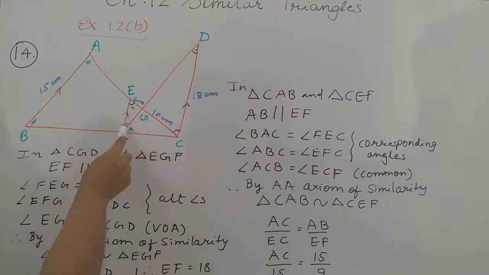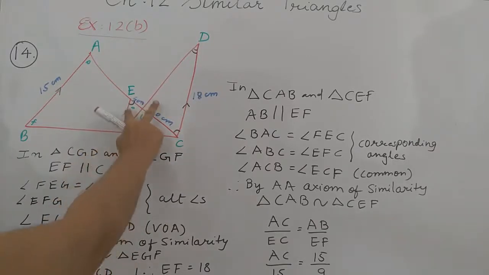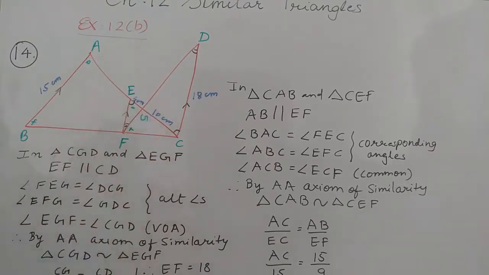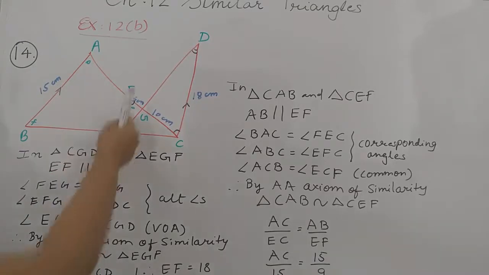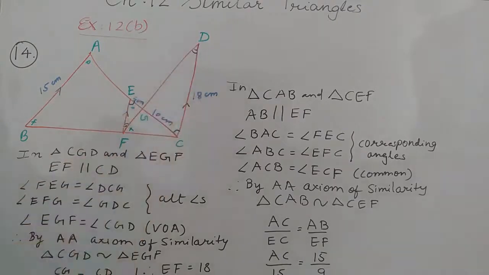EGF means the very small triangle in between. So these two triangles I have to prove similar first. Then only using the definition of similarity I will find the value of EF. So for that I started my solution with EF parallel to CD, which is already given in the question. EF parallel to CD.